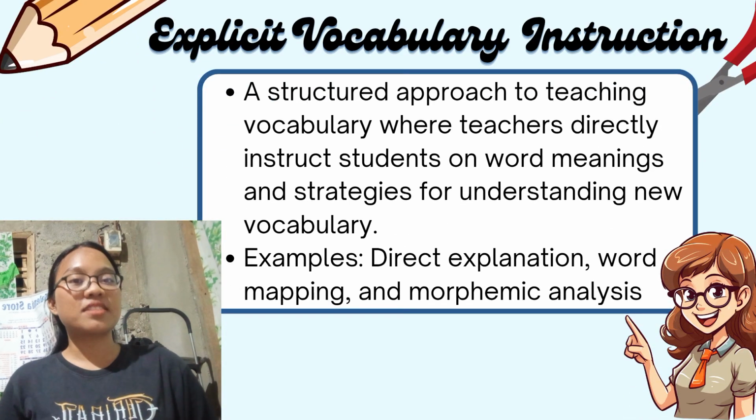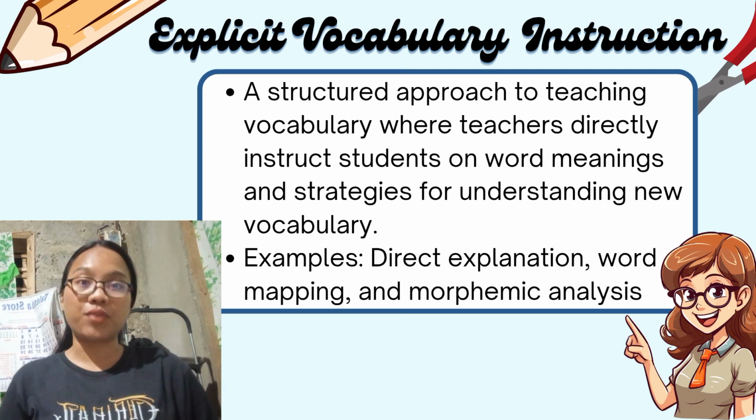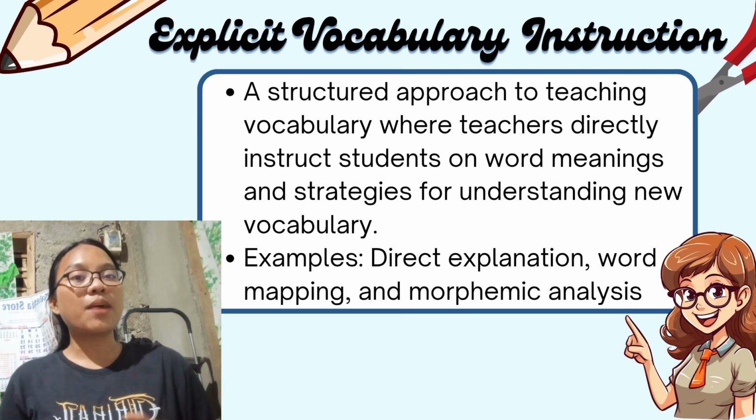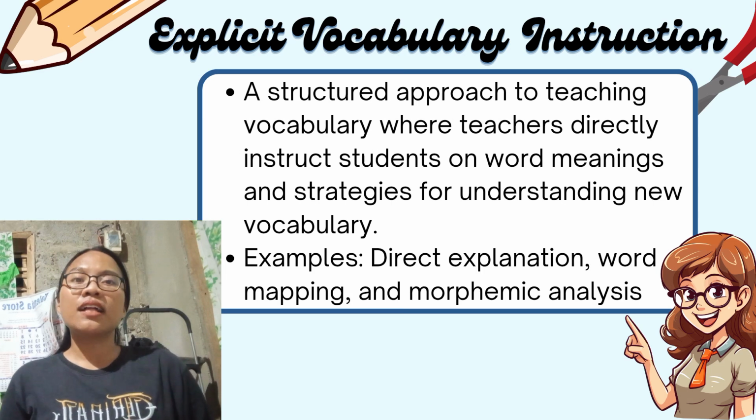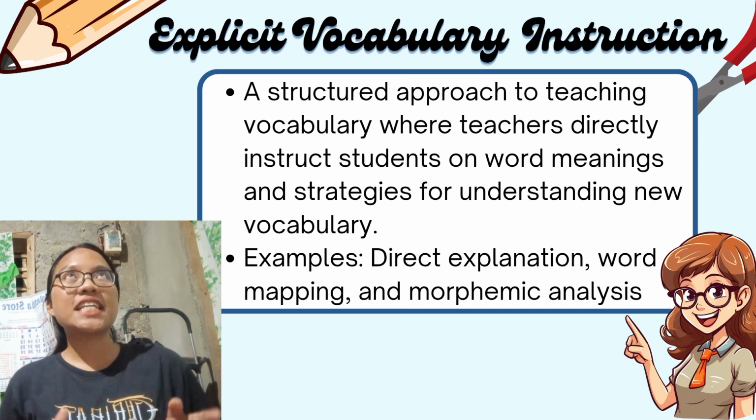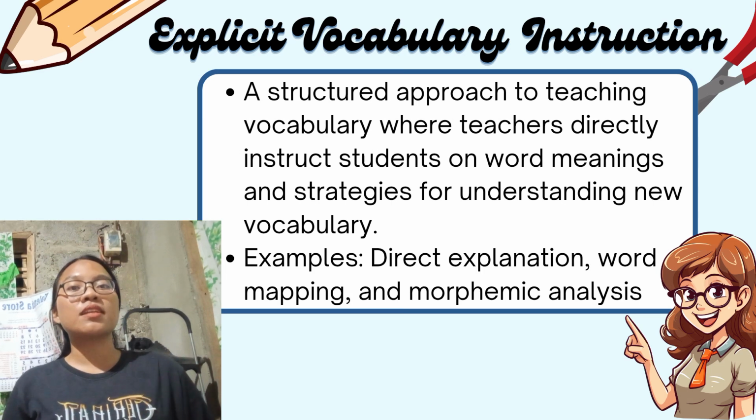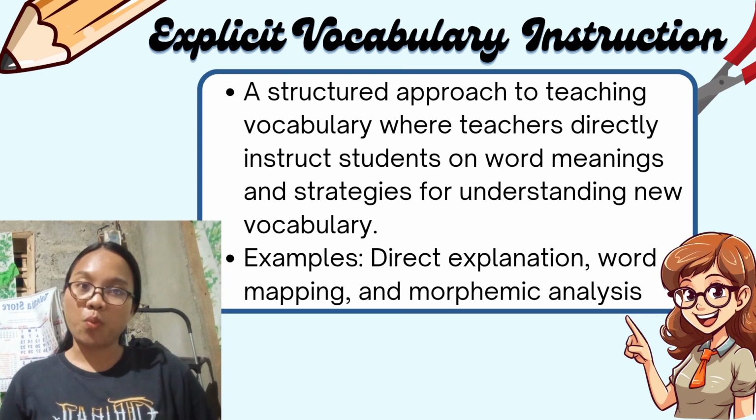So the first strategy is the explicit vocabulary instruction. From the word itself, explicit means direct. So this strategy means directly teaching students the meaning of words instead of just expecting them to learn through exposure.